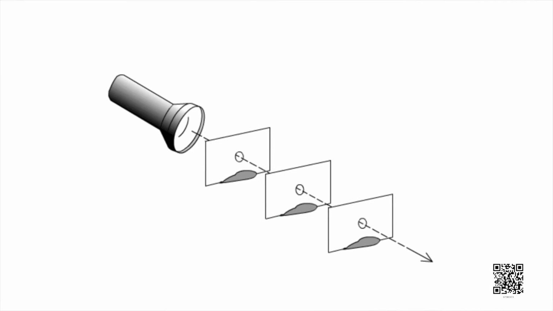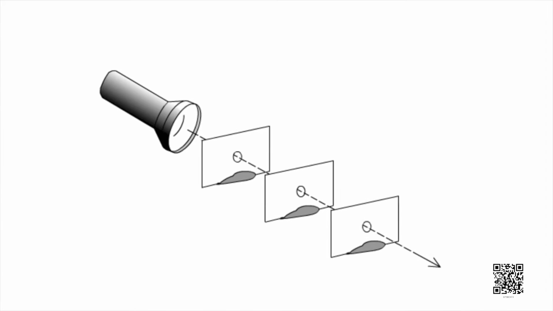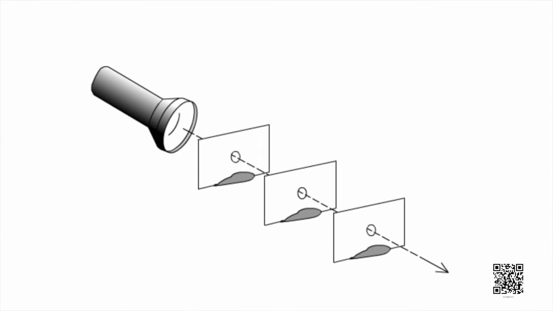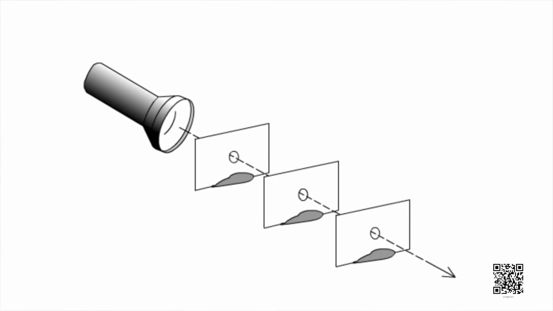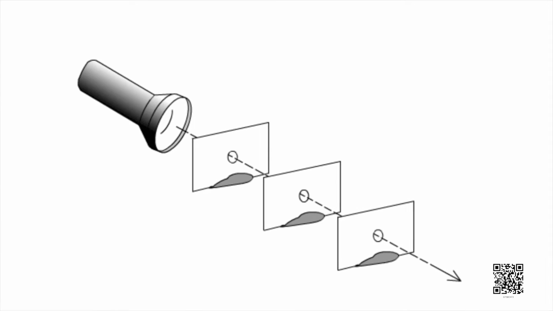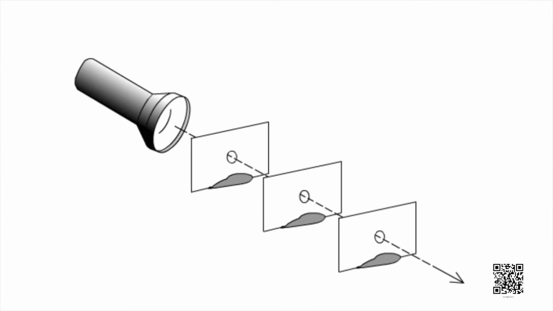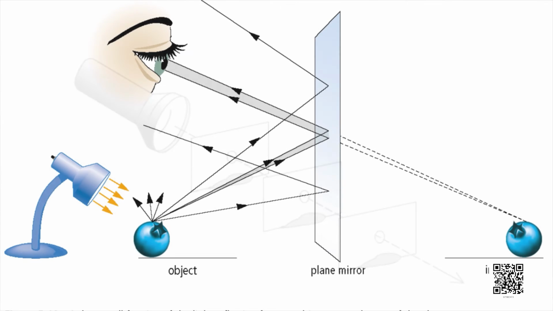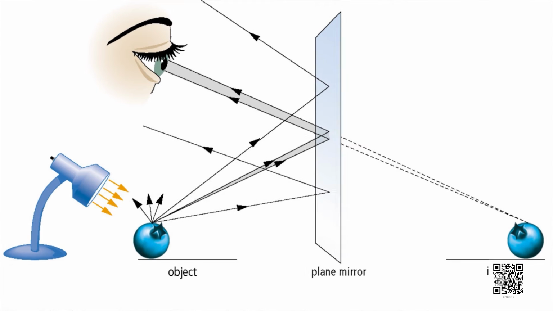Dear children, we know that light always moves in a straight line. We also learnt that when light falls on the surface of a mirror, it sends the light back.